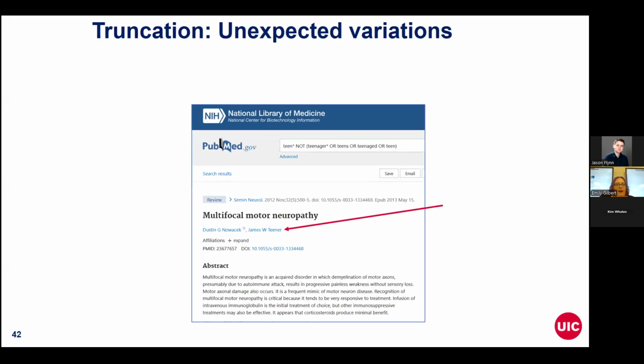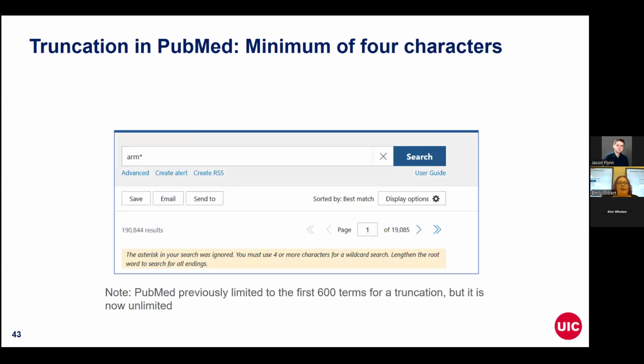And then sometimes there are some unexpected variations. In this case, we have a last name that starts with teen. So that is something that you would have to keep in mind. Also, it does have to be a minimum of 4 characters.